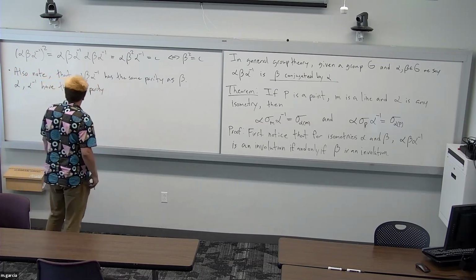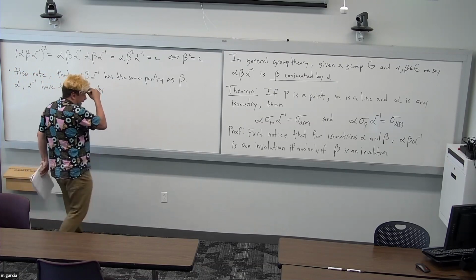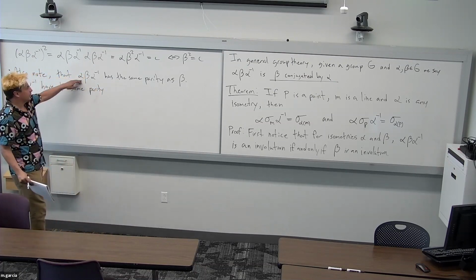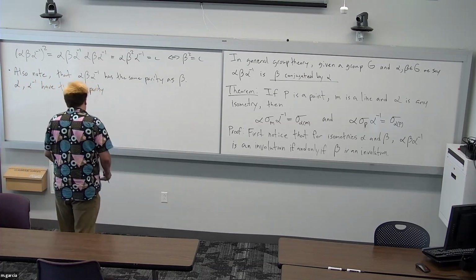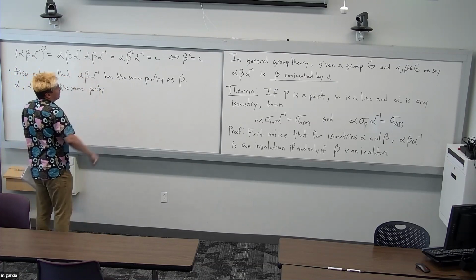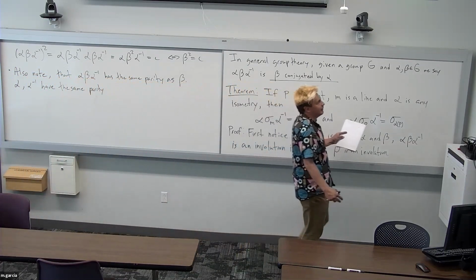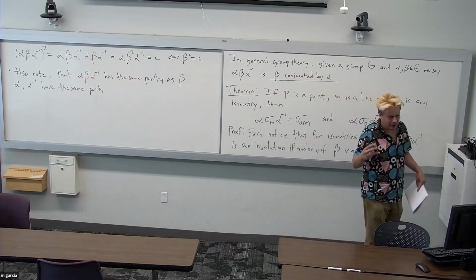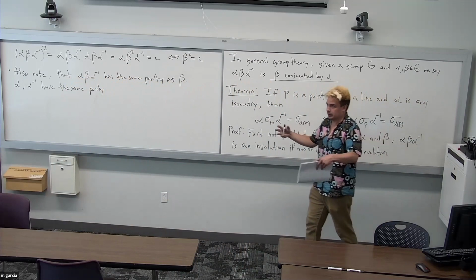So that means that when we consider beta conjugated by alpha, if the parity of alpha was even, then alpha and alpha inverse will contribute two evens, which will give us an even.